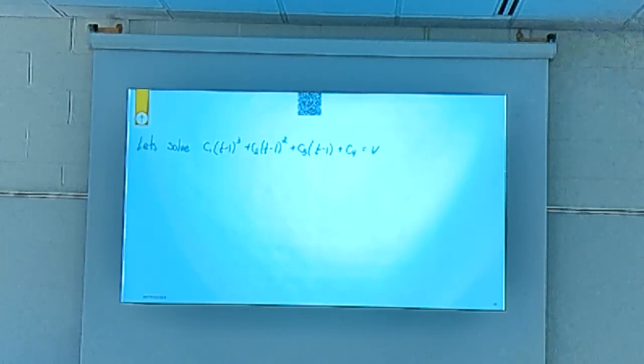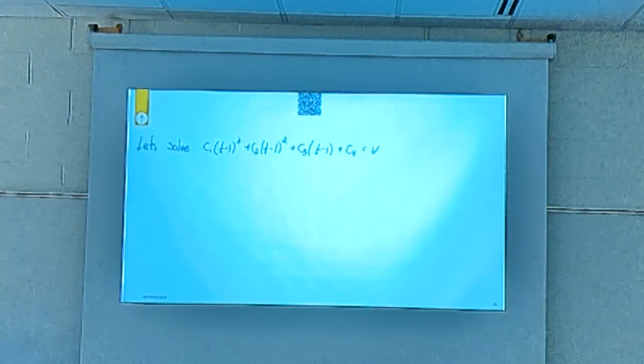Let's solve that equation. Now remember, for this set to span P3, there has to be a solution to that equation.